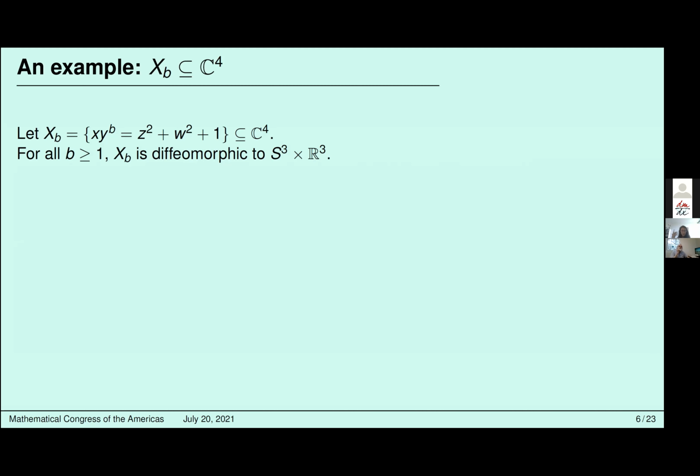It's smoothly cut out. It is symplectic because it inherits the symplectic form from C4, the standard Fubini-Study form. One reason to like this class is that for any b, the diffeomorphism type doesn't change. It's just S3 times R3.